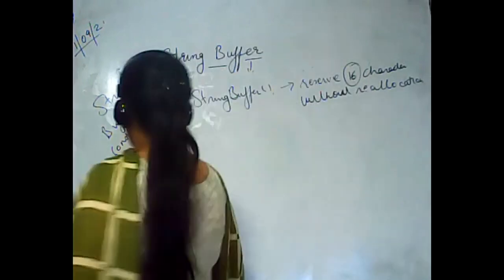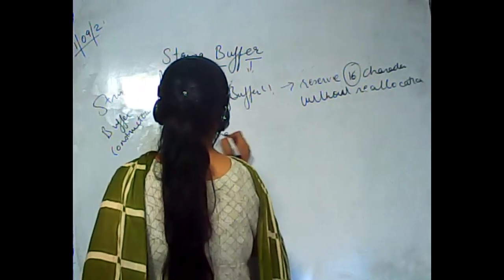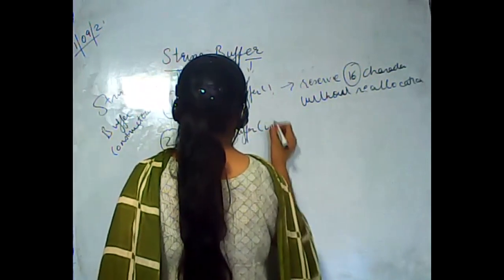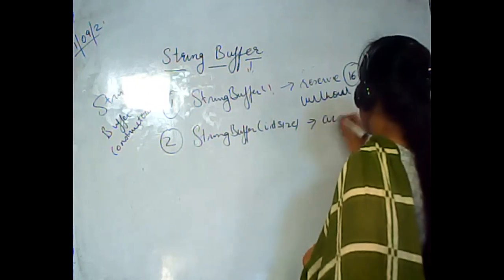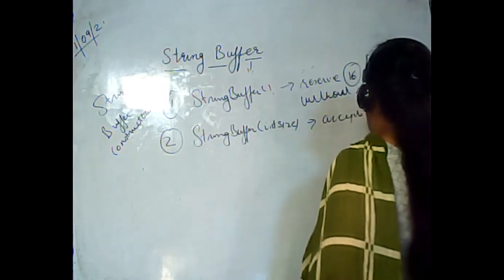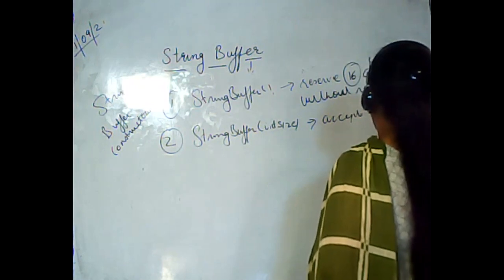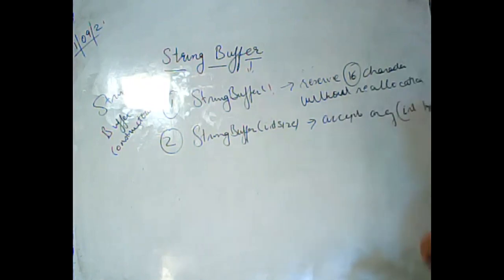Secondly, we define StringBuffer(int size). In this form of the constructor, it accepts an argument which is of integer type, which explicitly sets the size of that particular buffer.